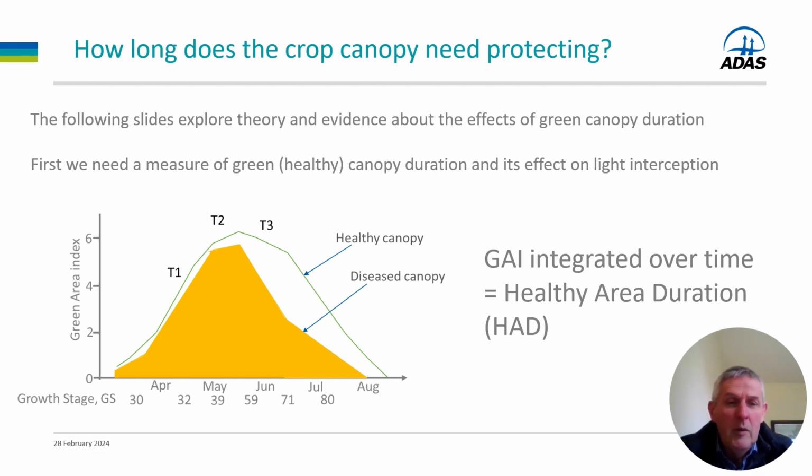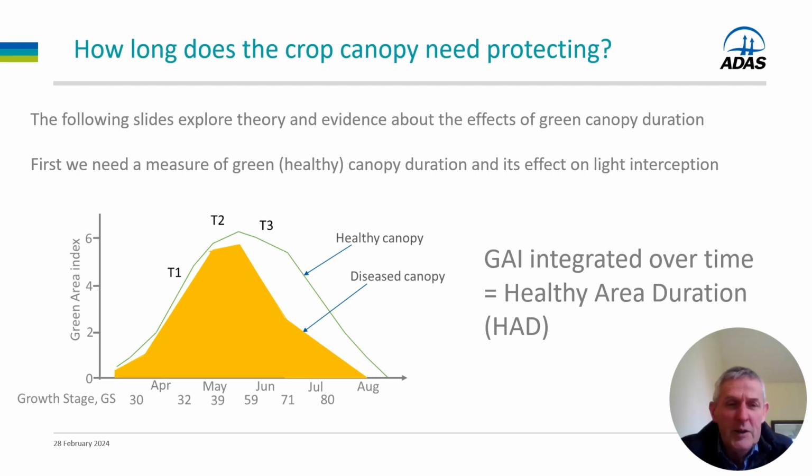One we can describe by going back to a chart shown in a previous video where we looked at the effect of disease on the amount of green area index in the crop canopy through time, and we saw how disease reduced the green area index of the canopy during the later stages of crop growth.